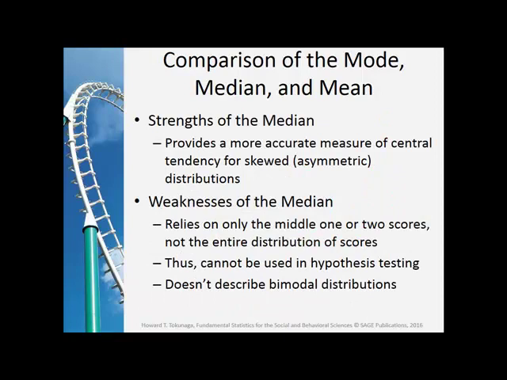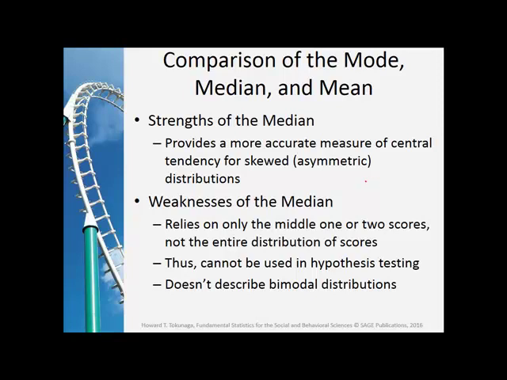The median. Well, here's the thing about the median. The usefulness of the median depends upon the shape of the distribution. So the median is better as a measure of central tendency when our distribution itself is skewed or asymmetrical.